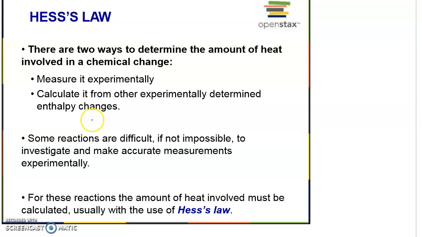The second way is to calculate it from other experimentally determined enthalpy changes. That means calculating it from other experimental data. In other words, Hess's law is about calculating the amount of heat involved in a chemical change or chemical reaction.